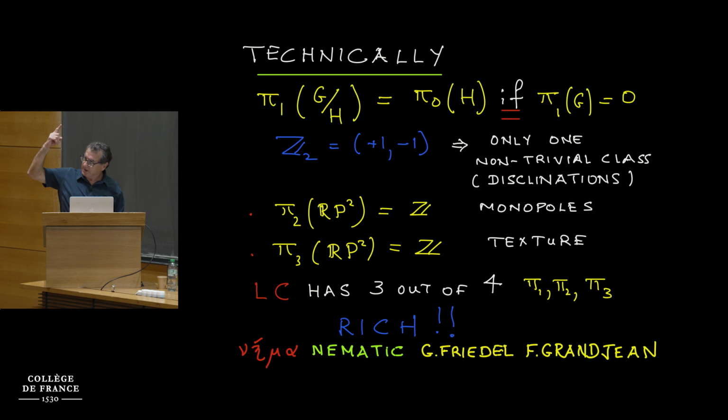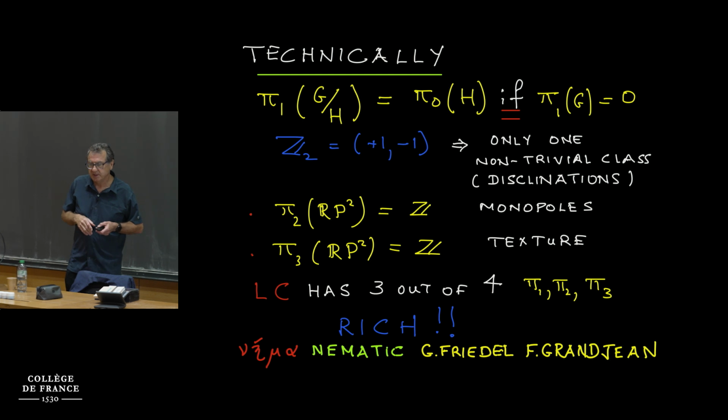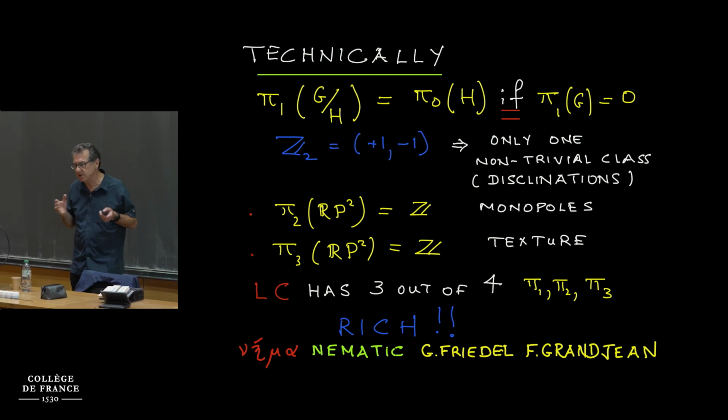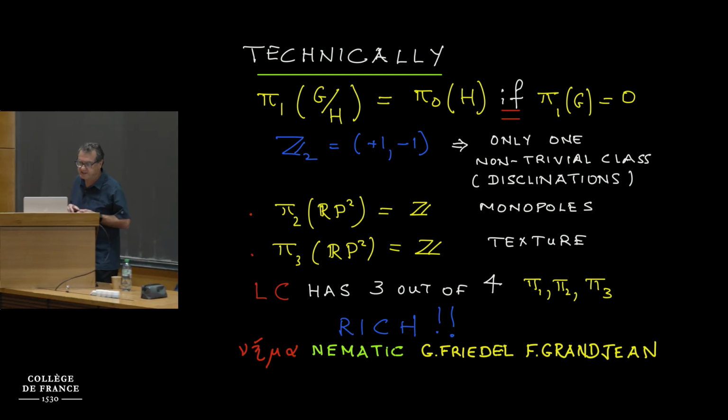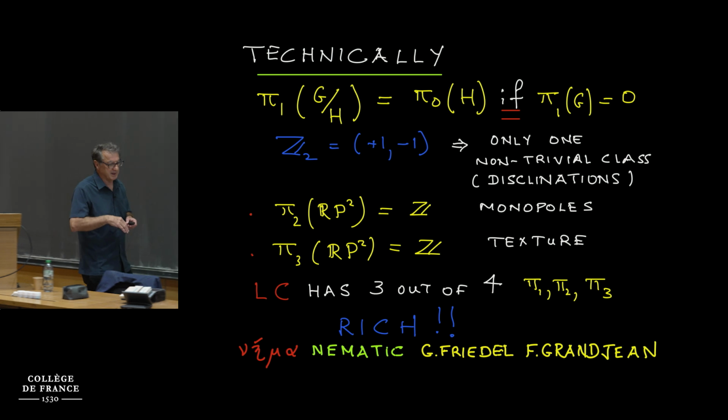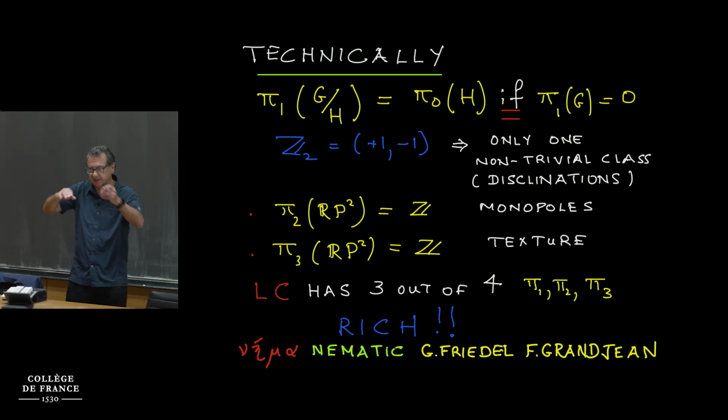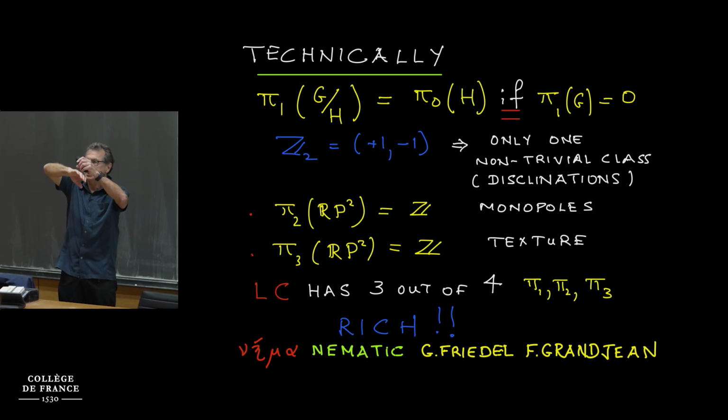Now, okay, connected, but we have pi1 defects. Pi2 of RP2 is also Z. And the reason is, if you look at it geometrically, the manifold is a whole hemisphere.